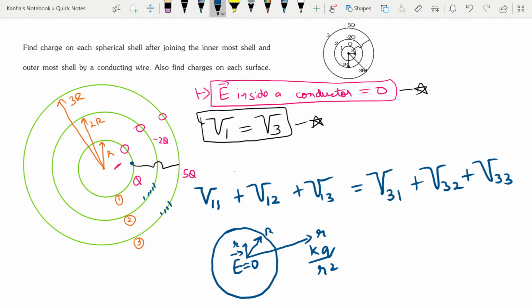For inside, the electric field is 0. For on the surface or outside the surface, the electric field is given by kq by r squared. Now you should remember what the potential looks like. Potential is the integral of E dot dr from infinity to r.